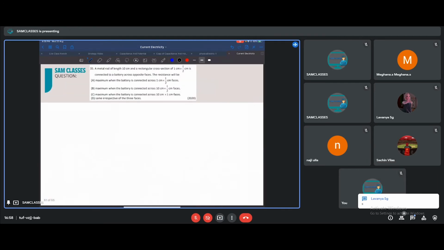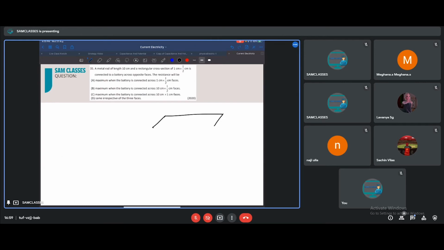Next, a metal rod of length 10, cross-section area given, connected to a battery across opposite faces, the resistance will be. Now, a very good question. What will be the resistance in this case? Let's see who can say it. So metal rod and rectangular cross section means like a cuboid kind of thing.